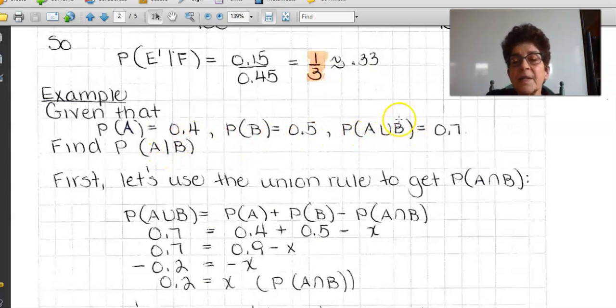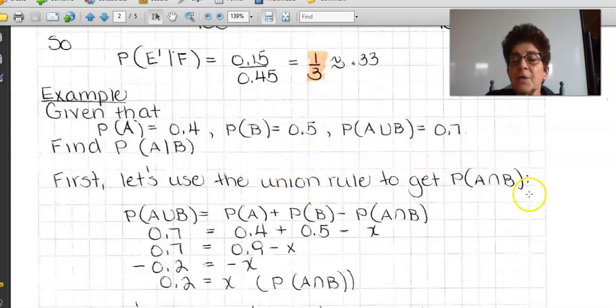Since we're given the probability of a union and the probability of each event separately, it might make sense to use the union rule for probabilities to figure out whether or not there's any overlap between these events. In other words, are they mutually exclusive? If they aren't mutually exclusive, we can find the probability that A and B occur together, and then we can use that in our conditional probability formula.